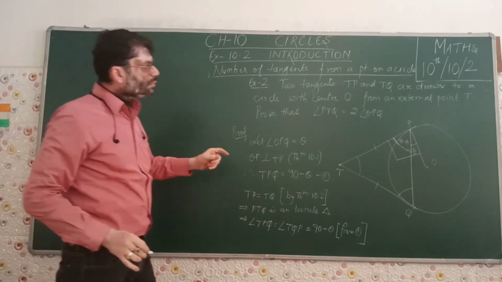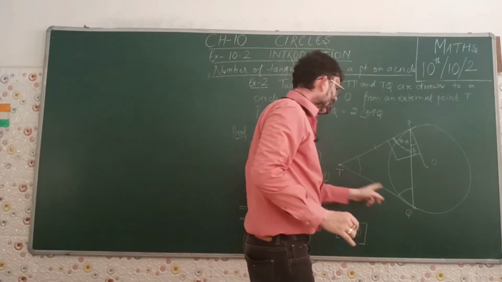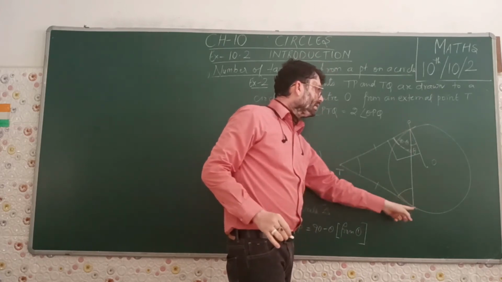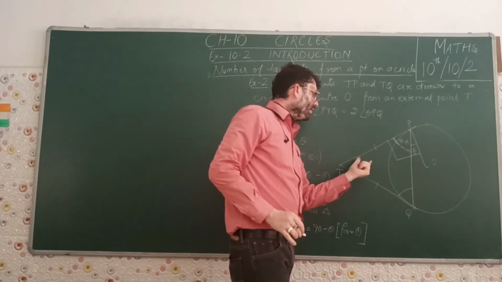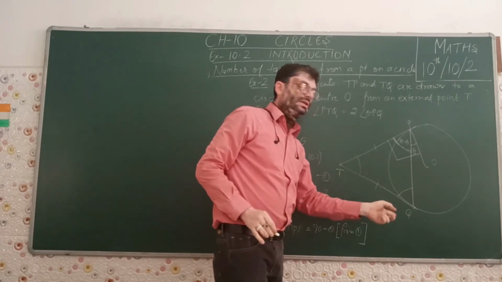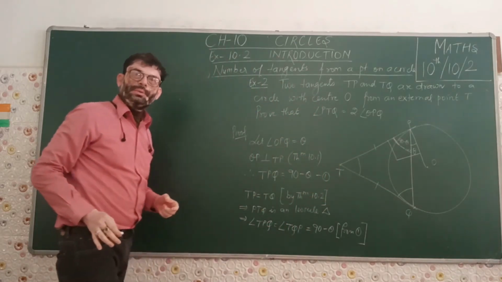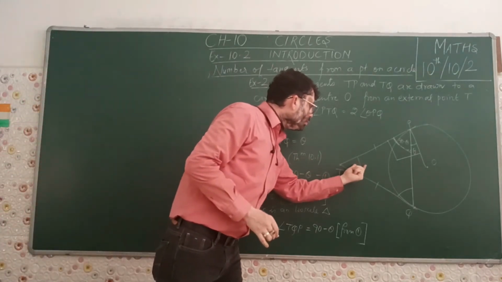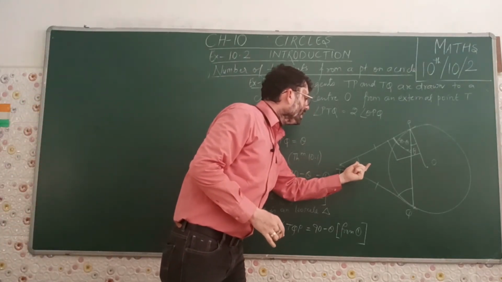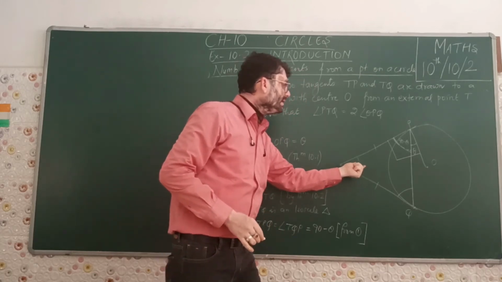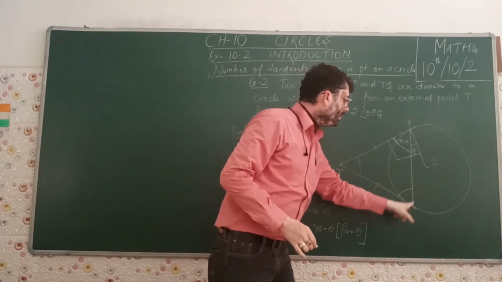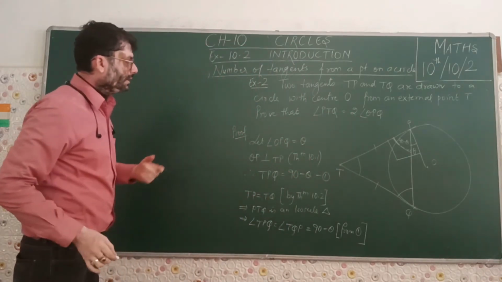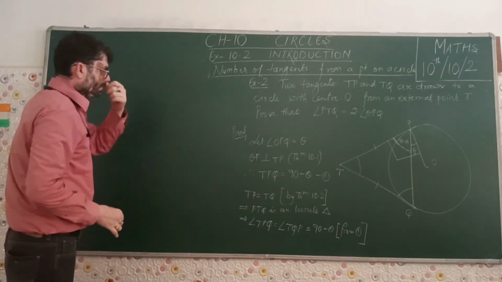Now we have got two angles in the triangle PTQ. Angle TPQ is known, angle TQP is known, and we need to find angle PTQ by the angle sum property of triangles. And we should get this one as 2 theta. If this is 2 theta, then only we can say that this angle is double of OPQ, what we have to prove. Clear? Then let us move.